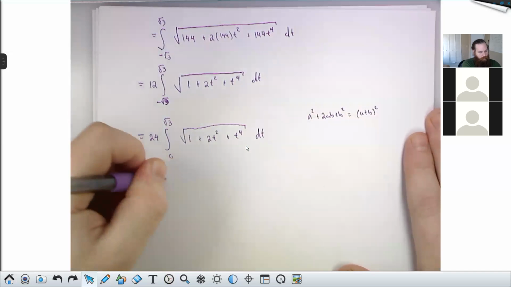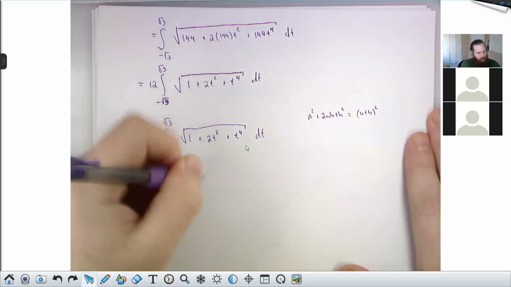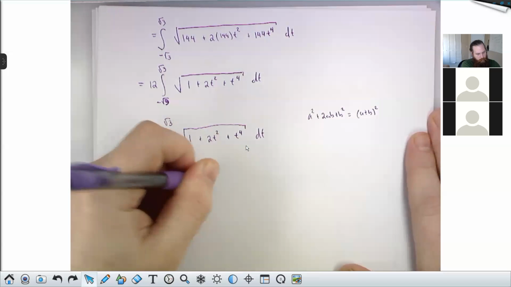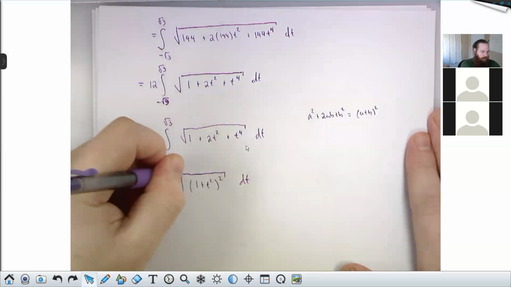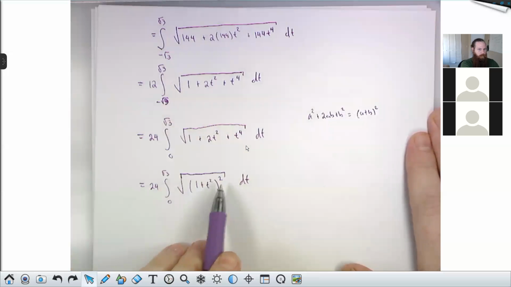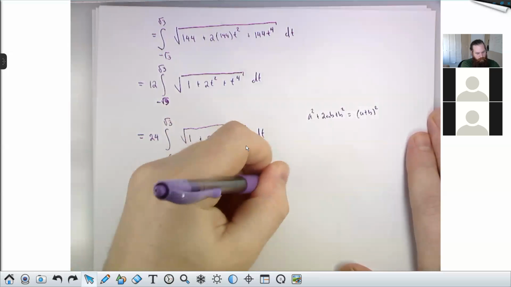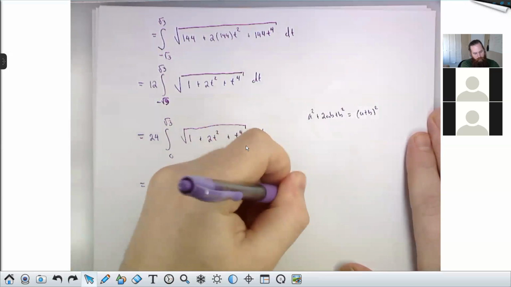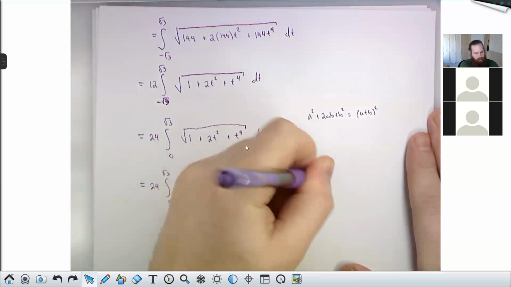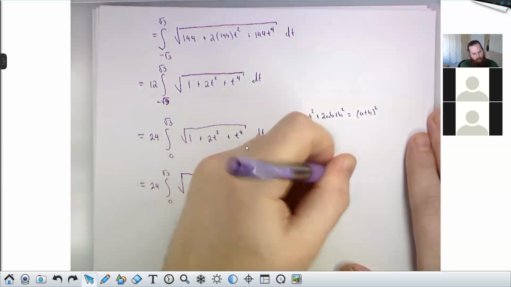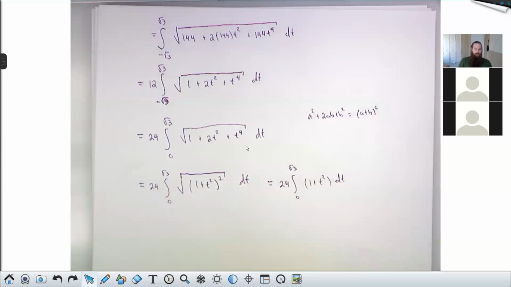That's 24 times the integral from 0 to root 3 of the square root of 1 plus t squared, squared. And the outer square here and the square root can cancel. So this is 24 times the integral from 0 to the square root of 3 of 1 plus t squared dt. Who would have guessed that this would come out so nice?